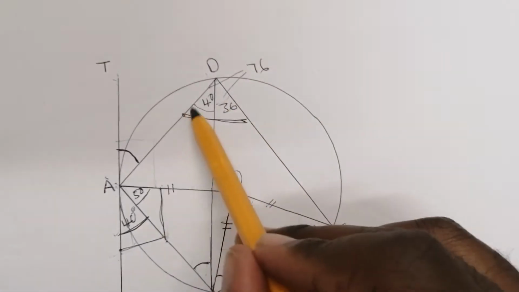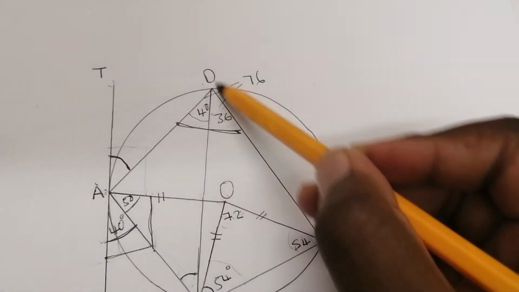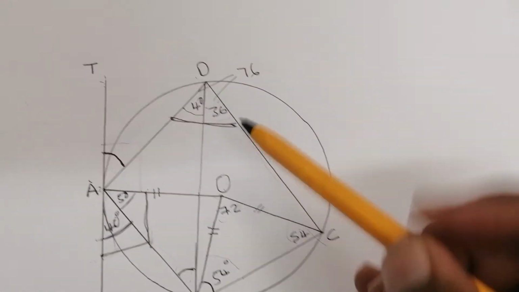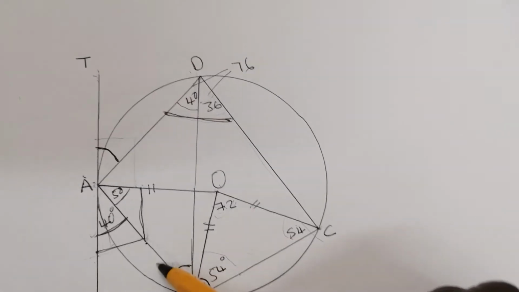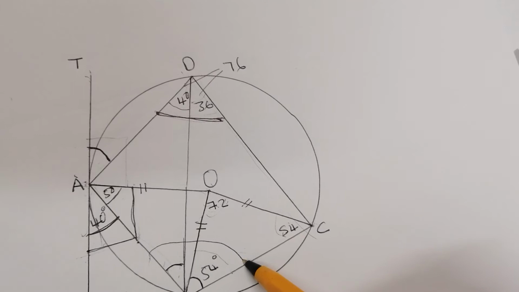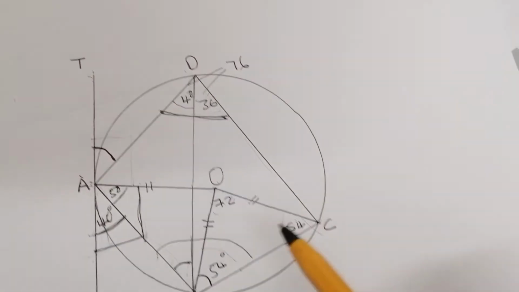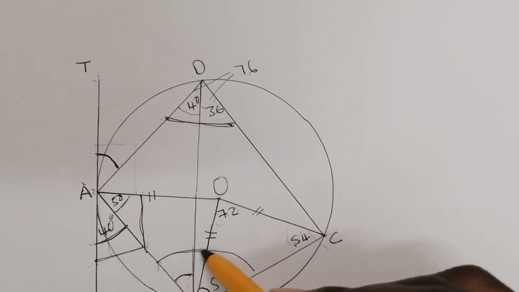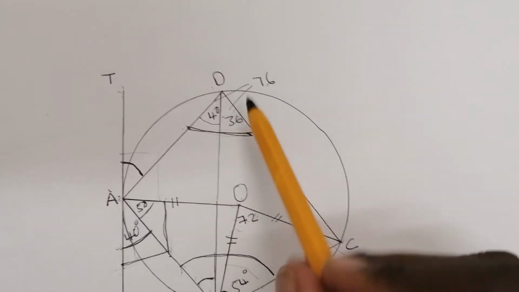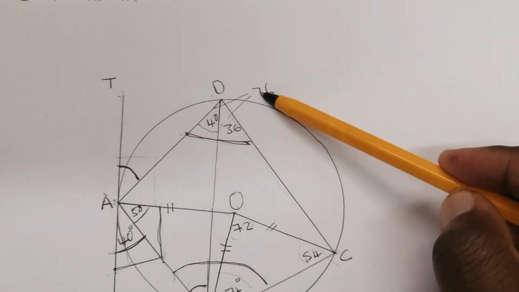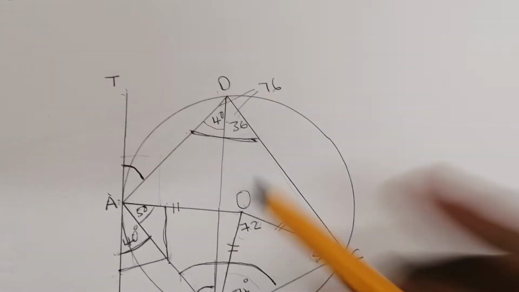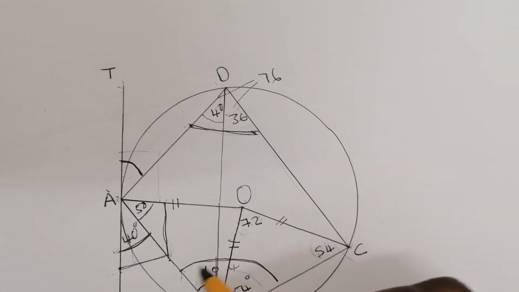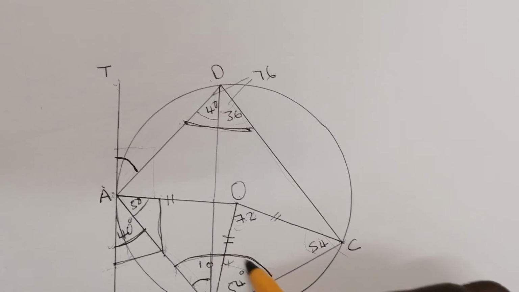In a cyclic quad, opposite angles add up to 180. So here we know it's 180 minus 76, which is 104. Here it's 104.